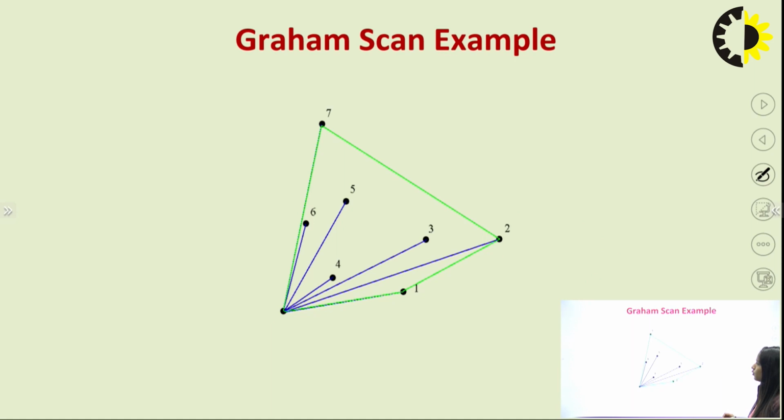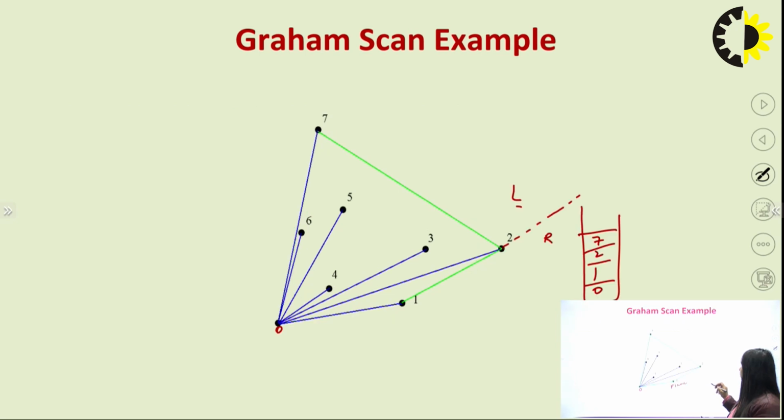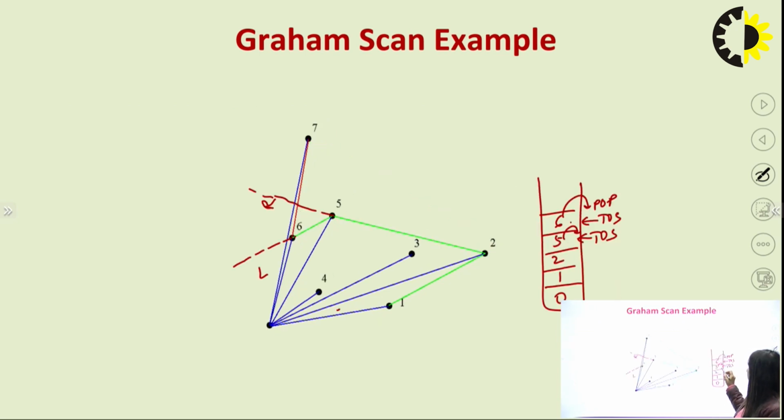Now it means this is my basic initial point. 0 1 is my plane and initial point, and I move counterclockwise. Every time a point lies on the right side, I need to pop the point from the stack and go back. Likewise, I am on the 6th point.